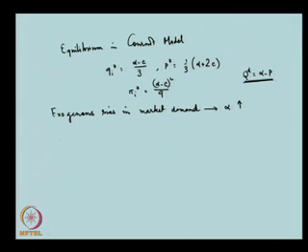Now, we can see that as alpha rises, Qi star is going to rise, P star is going to rise, pi i star is going to rise.